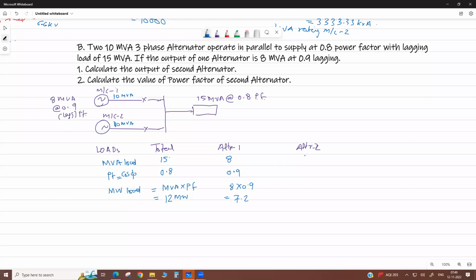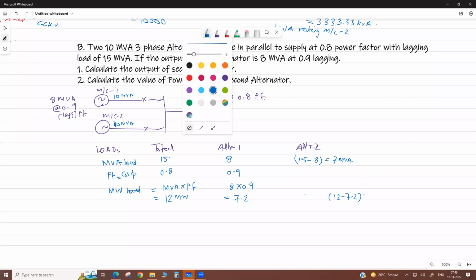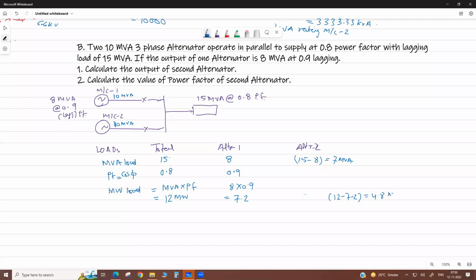Then alternator 2 we can calculate as total minus the share of machine 1. So the megawatt is 12 minus 7.2, which comes to 4.8 megawatt.